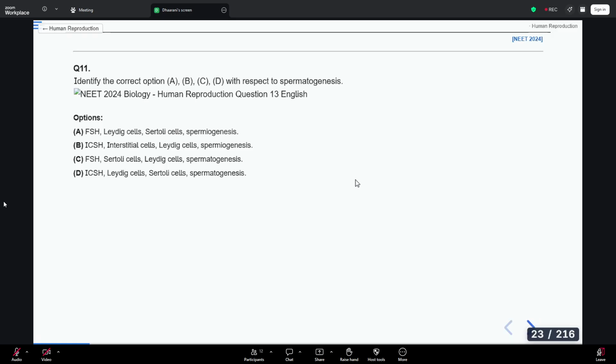Some diagram is missing actually. You just give a try, what it can be.